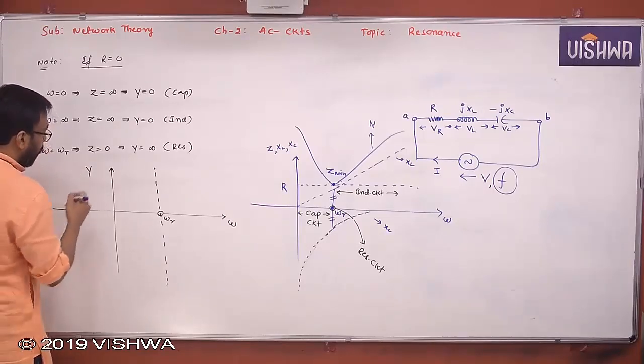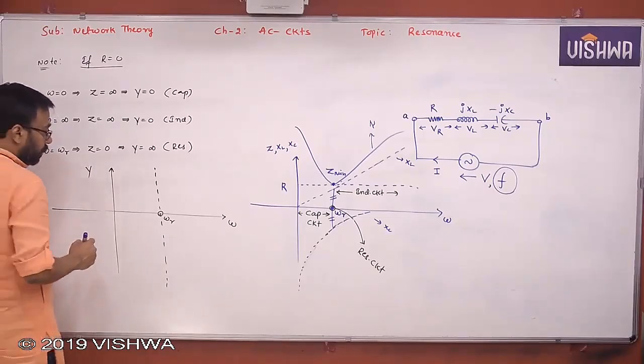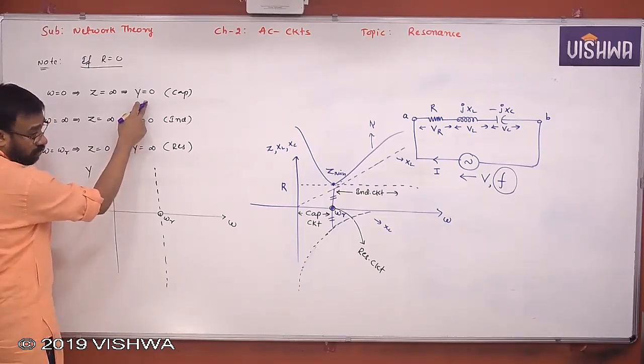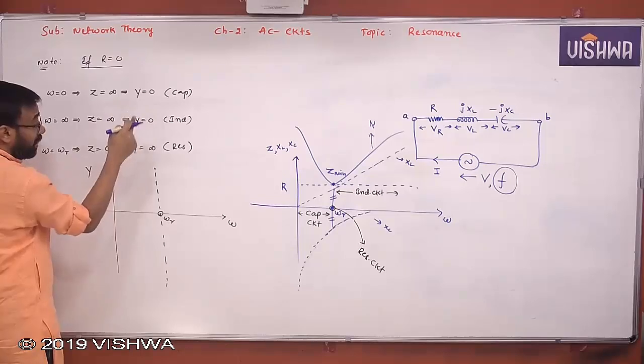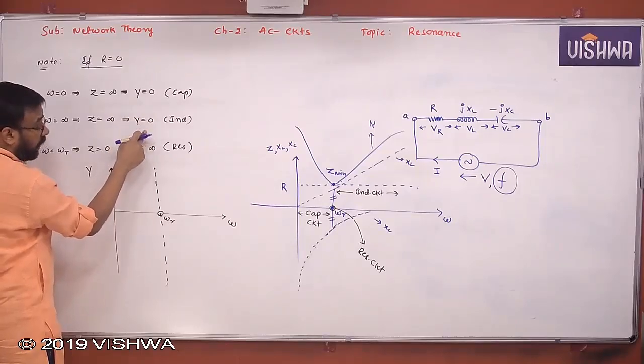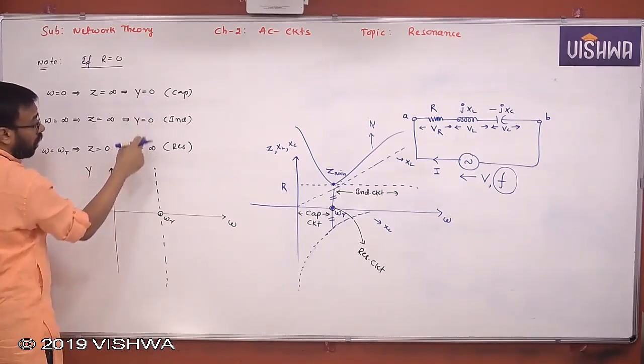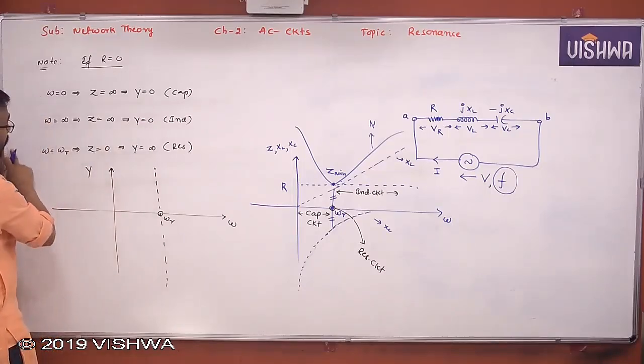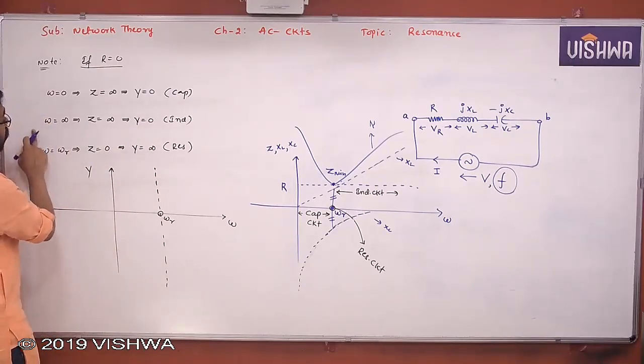The Y value, if you see, starts from 0 and reaches 0. It starts from 0, goes to infinity, then infinity to 0. Yes or no? Omega equal to 0, then omega equal to omega R, then omega equal to infinity.